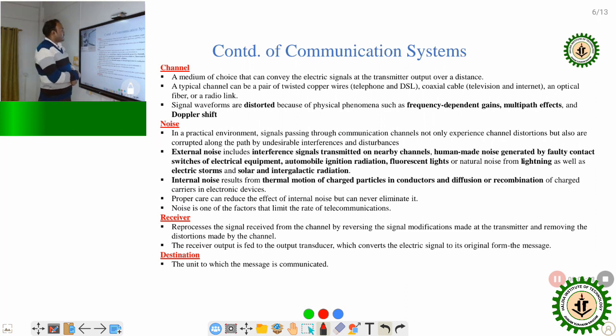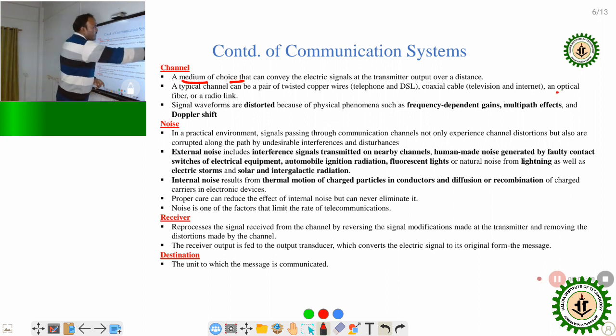Next one, what is the channel? The channel is the medium of choice that can convey the electrical signal at the transmitter output over a distance. It means whatever signal we have to transmit to the destination can use different types of channel. It may be coaxial cable, copper wire, optical fibers, or a radio link.